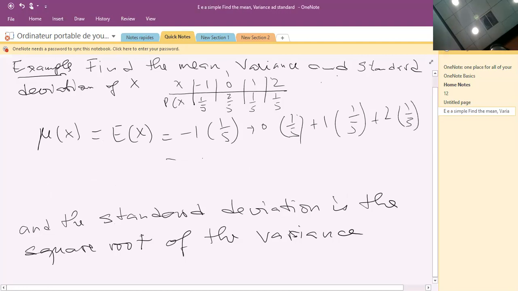So this is minus 1 over 5 plus 0 plus 1 over 5 plus 2 over 5, which is equal to 2 over 5, that is 0.4.